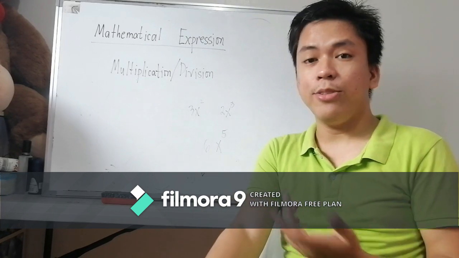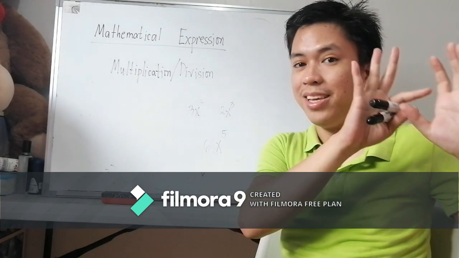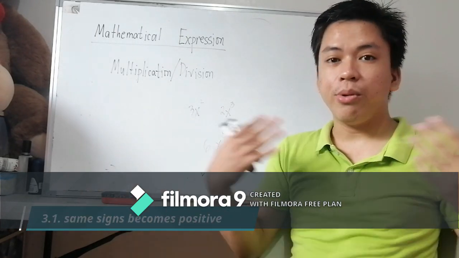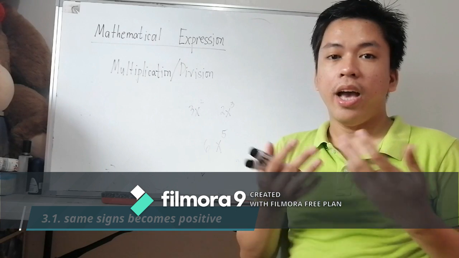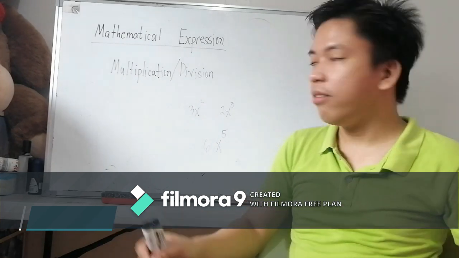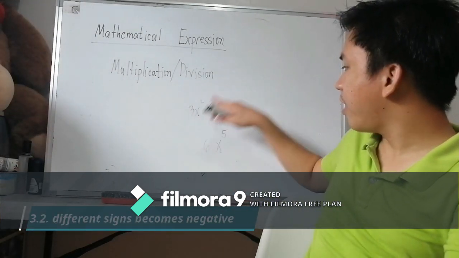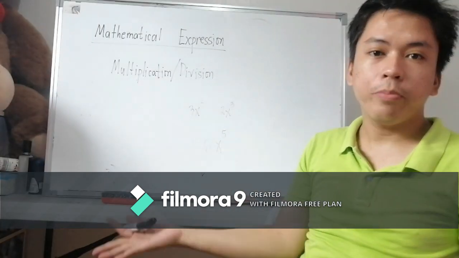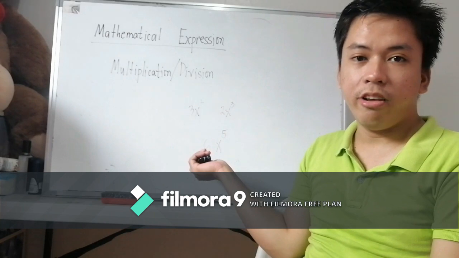Another rule that you have to look into is the signs. If they have the same signs, either positive or negative, the result will always be positive. Otherwise, you'll get negative. Example, 3x squared, 2x cubed. They are both positive, so the result will be positive.